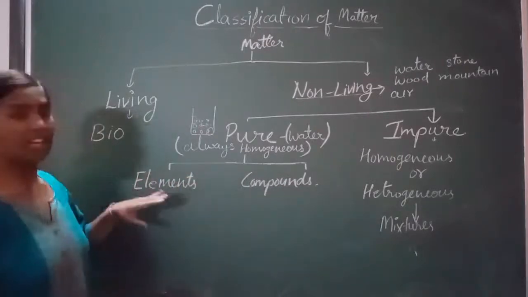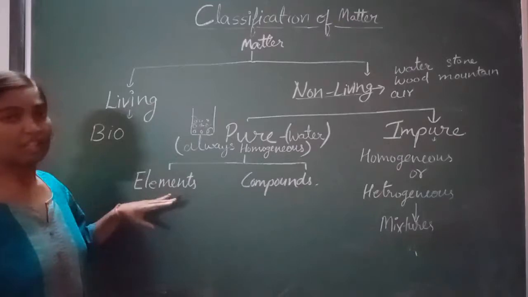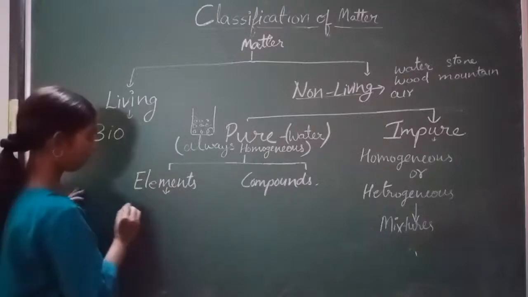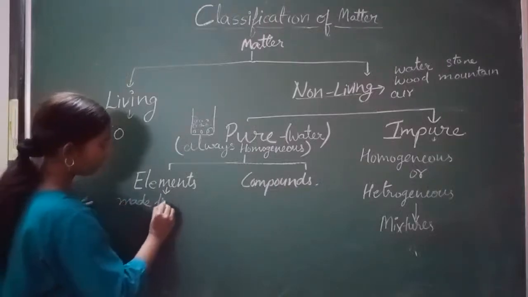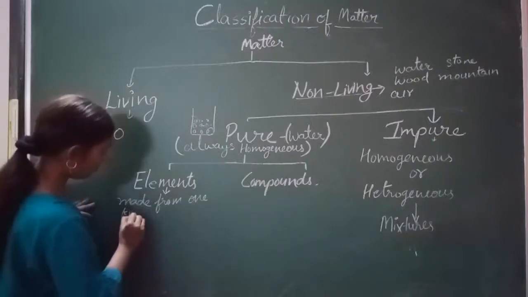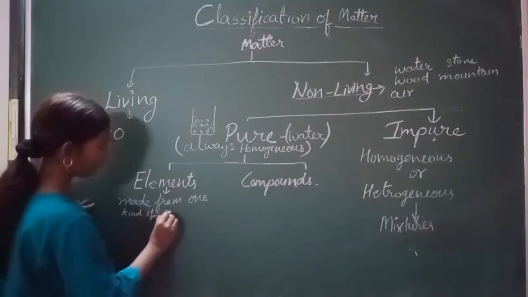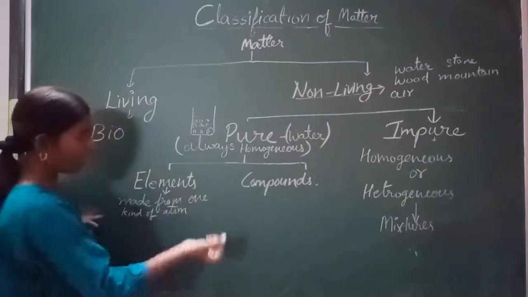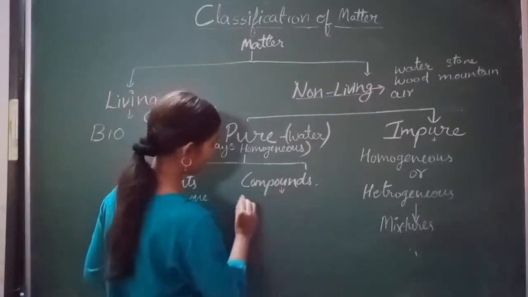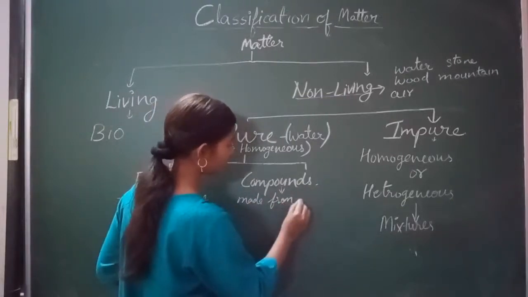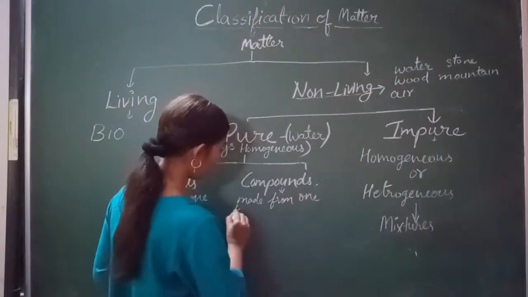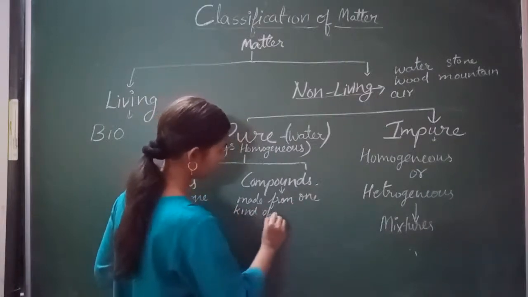See, elements are made from one kind of atom, and compounds are made from one kind of molecule.